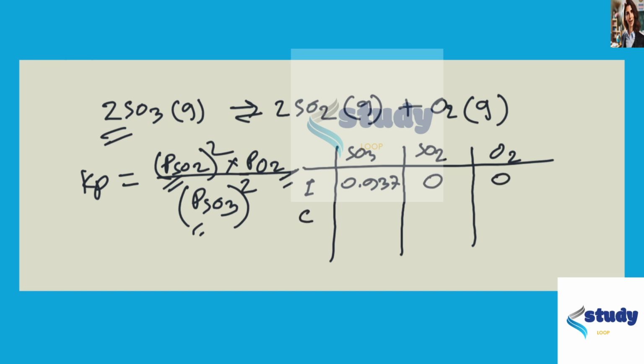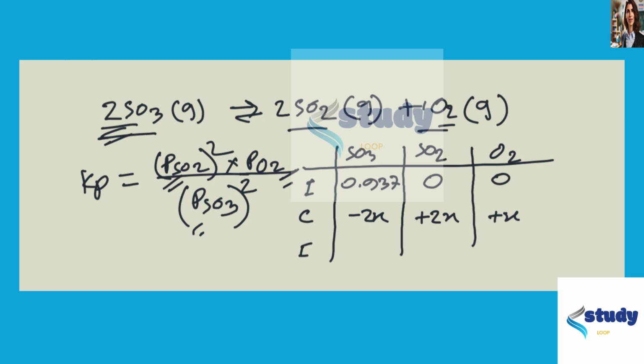Then if we consider the change as x, then the change will be 2x for the reactant, so it will be minus 2x, and for sulfur dioxide it will be plus 2x, and for oxygen it will be plus x, since there is only one oxygen molecule.